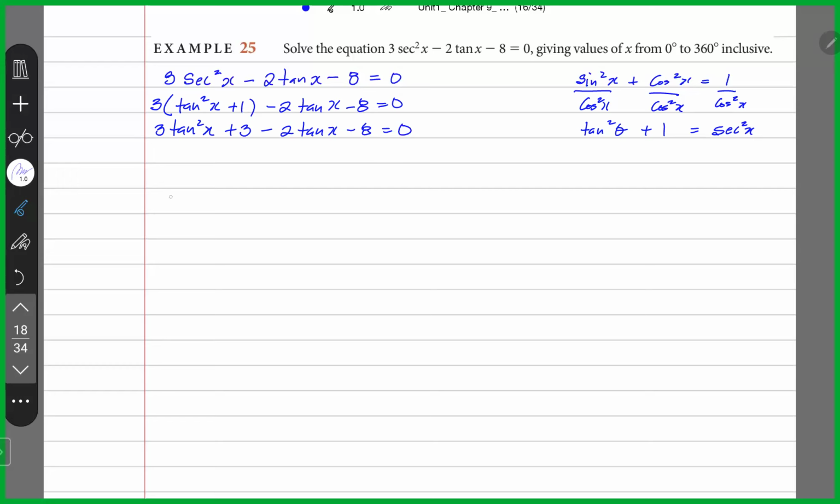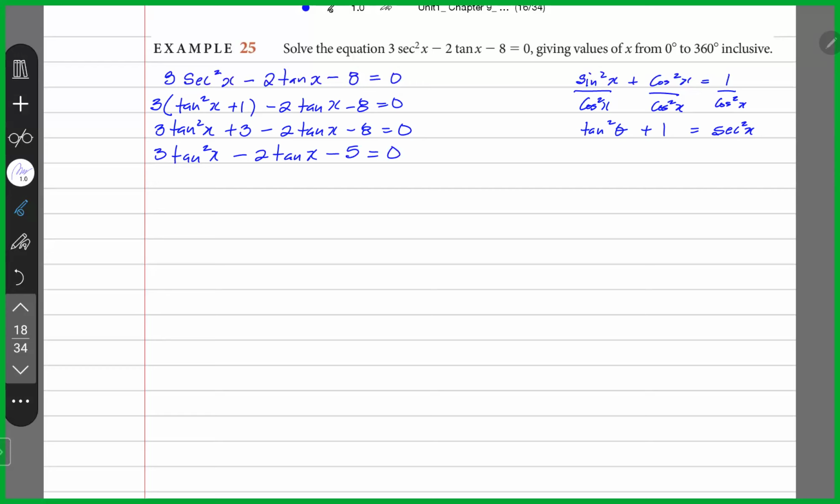Simplifying, 3 tan squared x minus 2 tan x minus 5 is equal to 0.